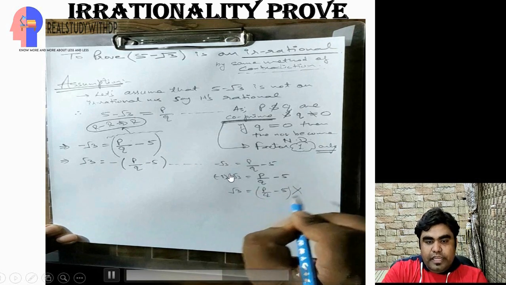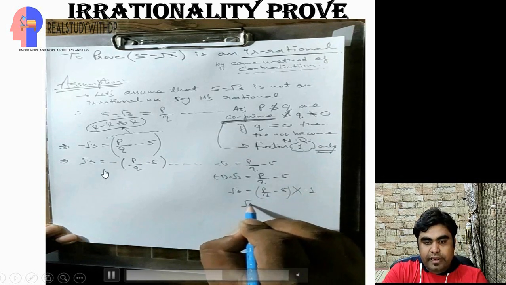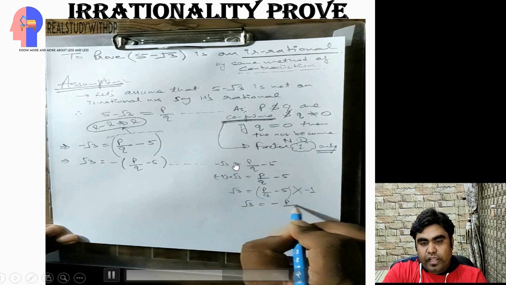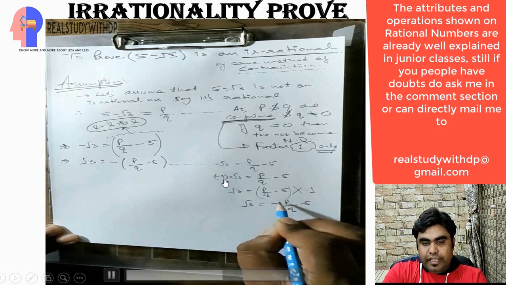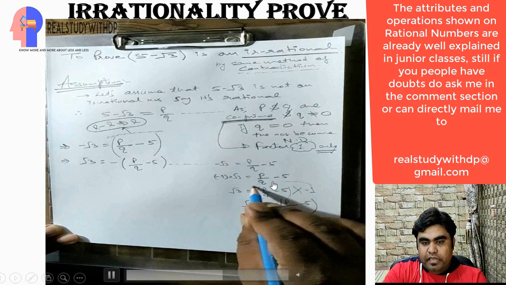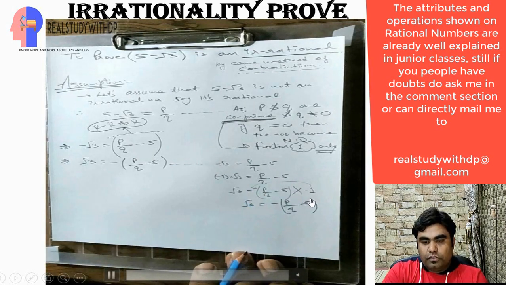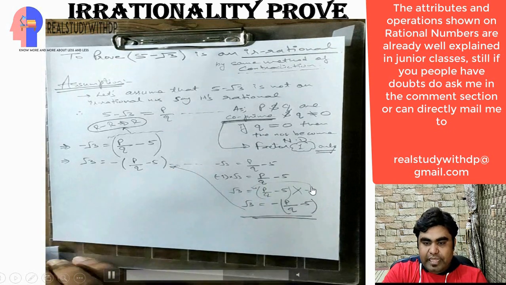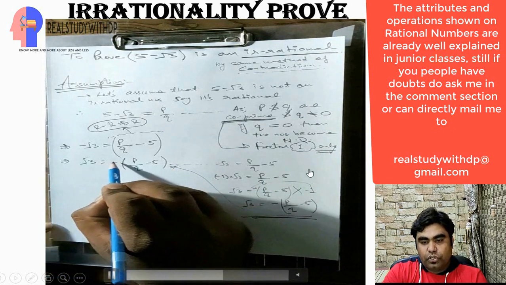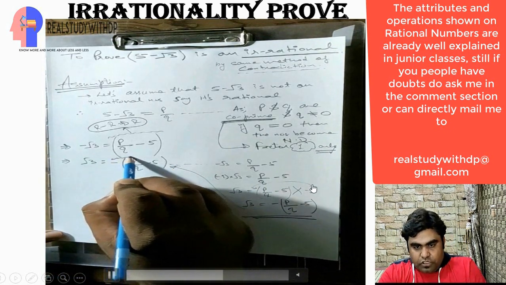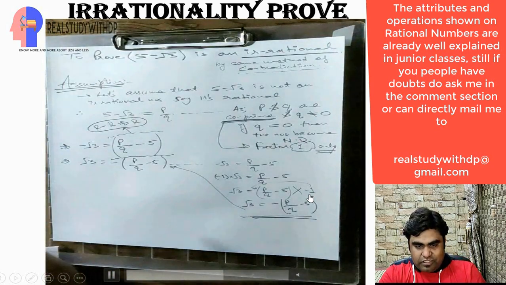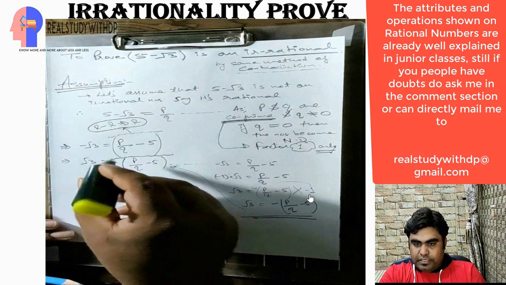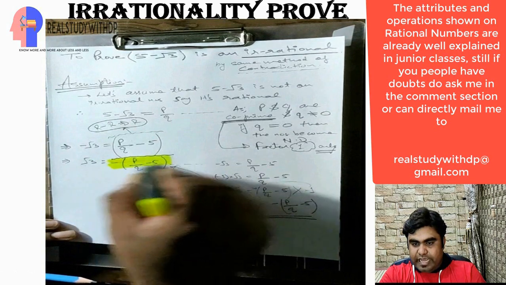Again, moving on, can I shift the negative? This negative means negative 1. Can I shift negative 1 over here? Yes, I can. So if negative 1 is going to be here, then it will be just like this. So this whole rational with negative sign will be rational only. I have shown here how this negative sign can be shifted over here. See, this negative can be written as negative 1.